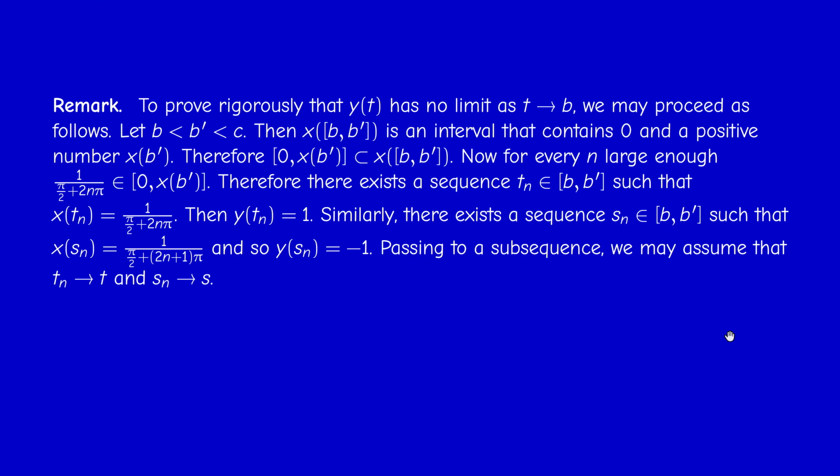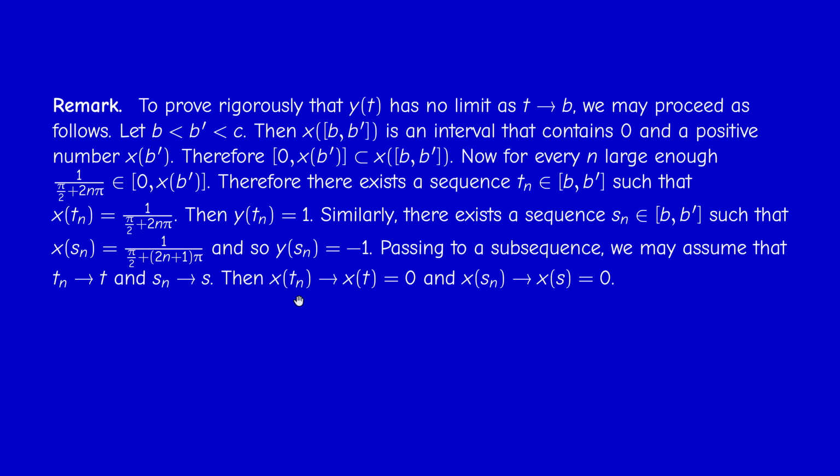Therefore, Tn and Sn have convergent subsequences. Now, as in mathematical practice, in order to avoid subscripts, we may assume that Tn converges to some t, and Sn converges to some s. We may still denote the subsequences by the same symbol; this changes nothing. So Tn now converges to a point t in BB prime.